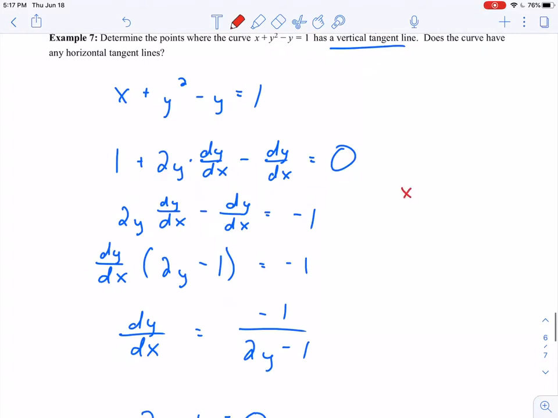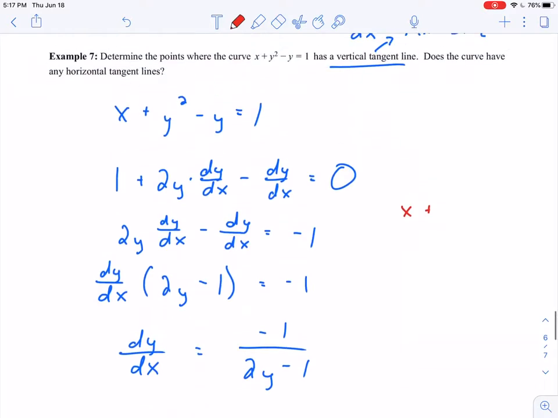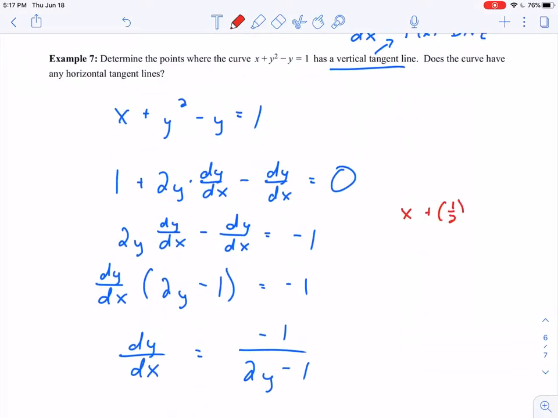I've got x plus y squared. We said y was 1/2. So plus 1/2 squared minus 1/2 is equal to 1. So I've got x plus 1/4 minus 1/2 equals 1. This is x minus 1/4 is equal to 1. x is equal to 5/4 then, or 1.25 if you're more decimally oriented.